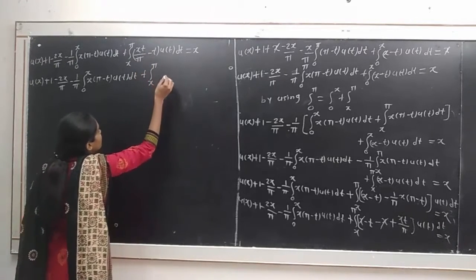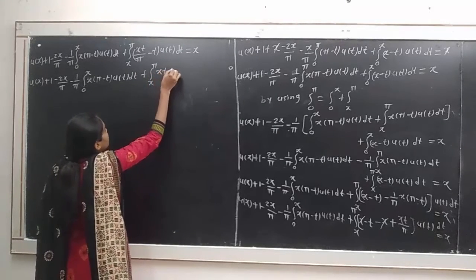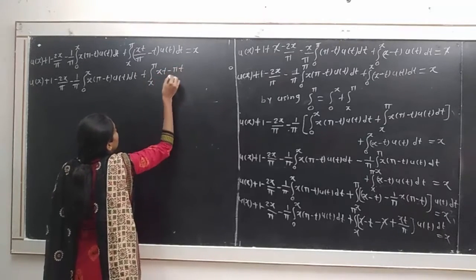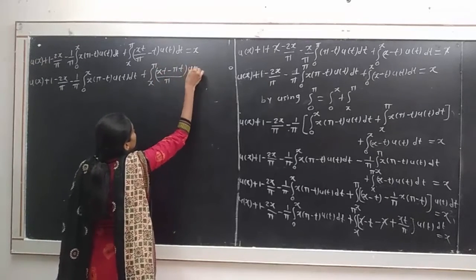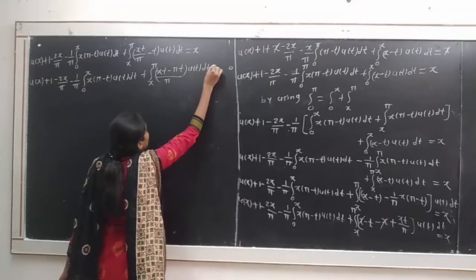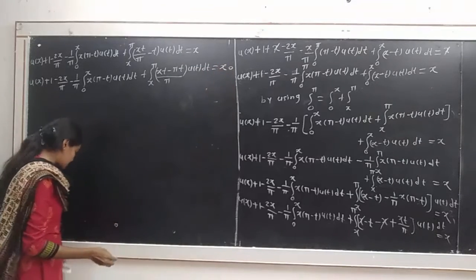We take here cross multiplication, we get xt minus pi t divided by pi into u of t dt is equal to x.